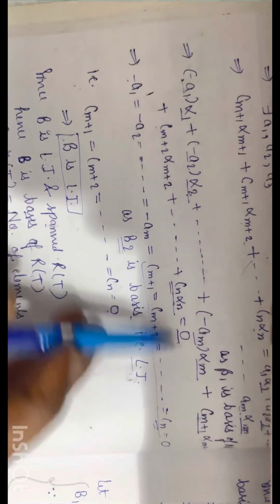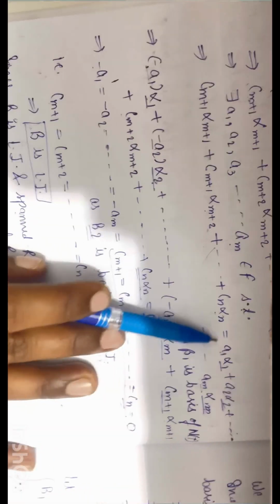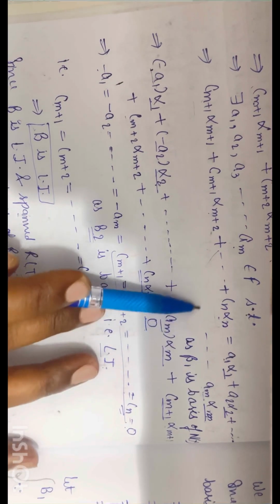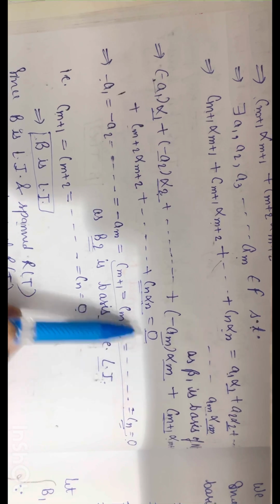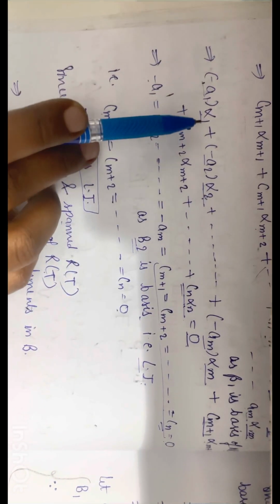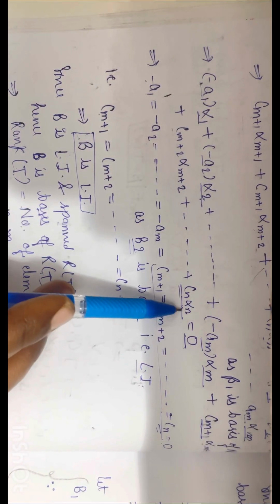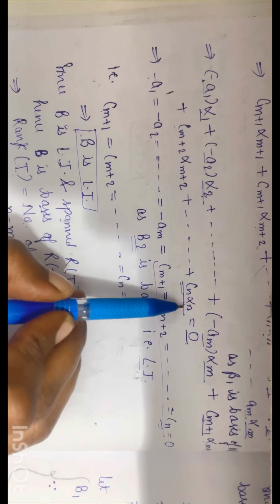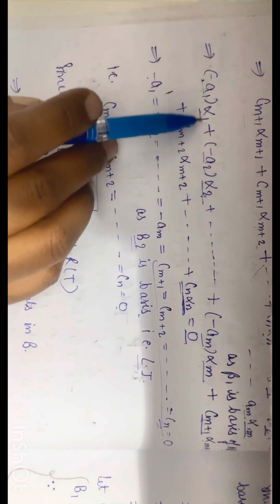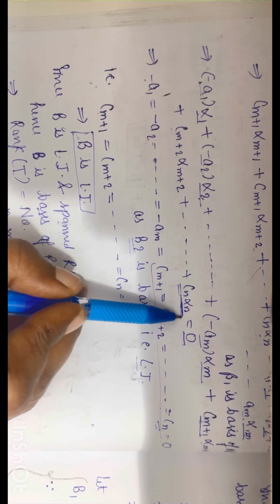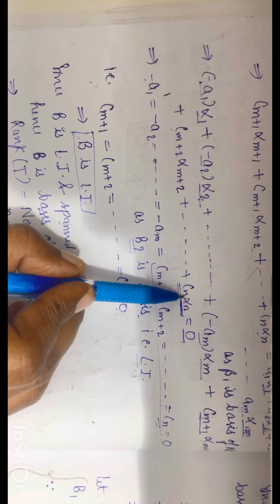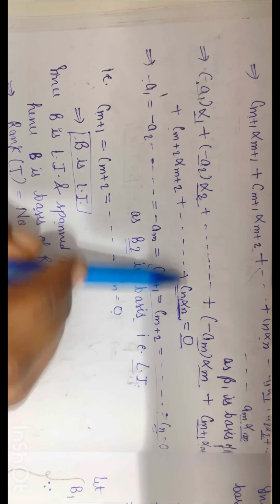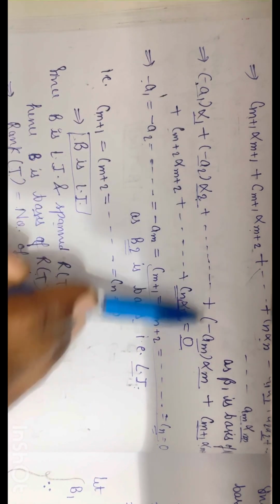Now transferring these values from RHS to LHS, we are getting this equal to 0. We know alpha 1, alpha 2 to alpha n are all the elements of B2, which is the basis of vector space V. These are Li.